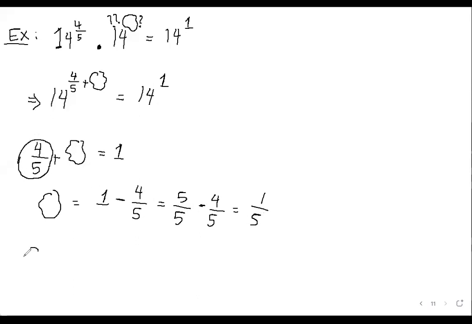So the answer for this guy is 1 over 5. Is it 14 to the power of 1 over 5? Yes, exactly. So the answer here is 1 over 5, and in general the answer is 14 to the power 1 over 5.